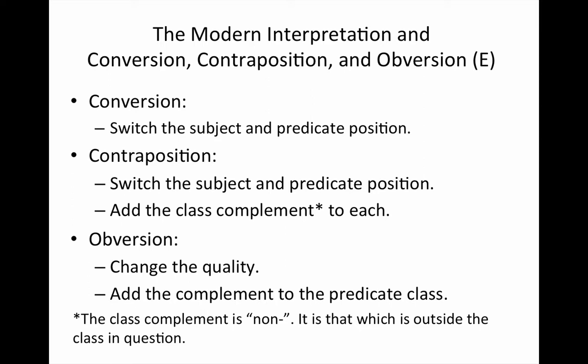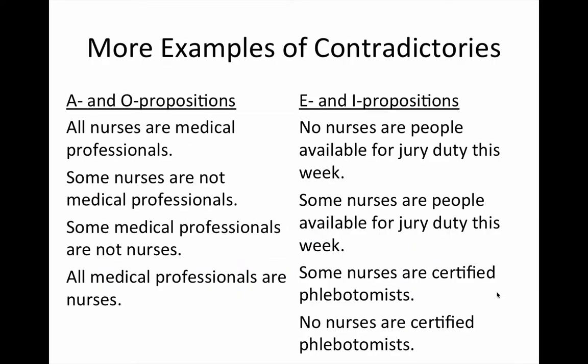And then obversion is valid for all four claim types, so you don't have to worry about restrictions, which you will see when we get to the traditional interpretation of the square of opposition and conversion, contraposition. So when you obvert a claim, you change the quality, and then you add the complement to the predicate class. Let's see how this looks when we're converting, contraposing, and obverting claims, and doing so with the Venn diagram might help you to see what is happening.